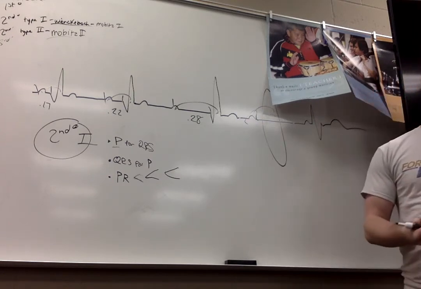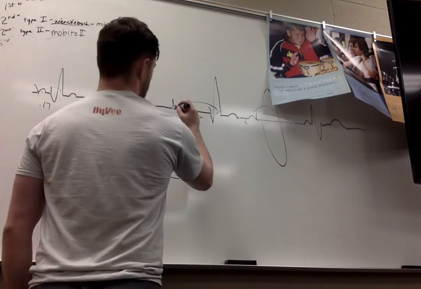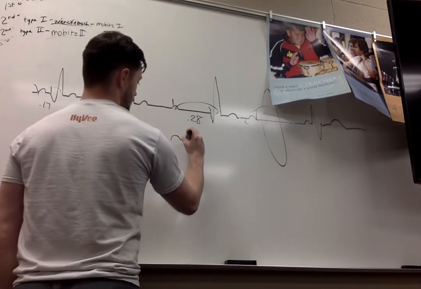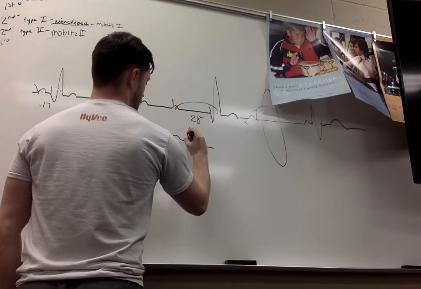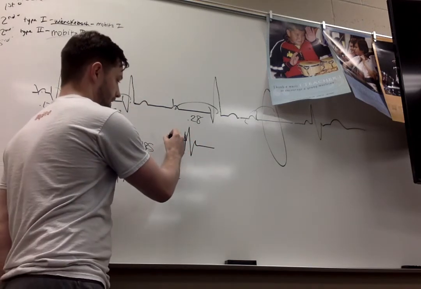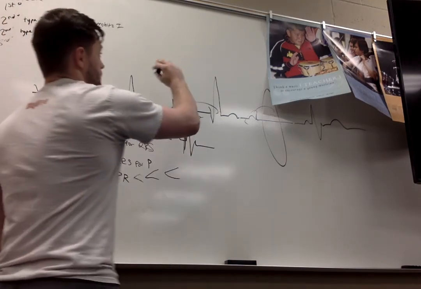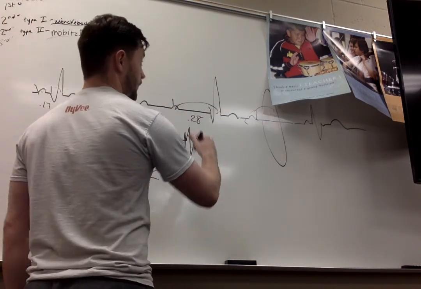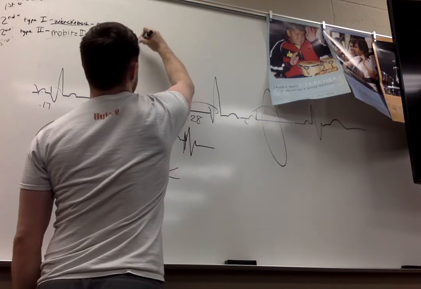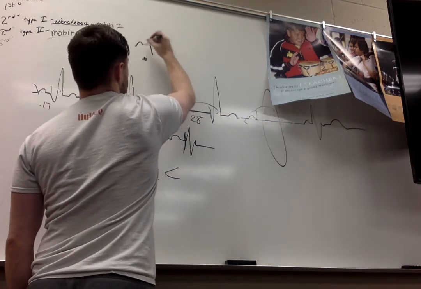I have a question. So when you say PR interval, it's from the start of the P wave, the beginning of the P wave, to the beginning of the QRS. Okay, so the R is the QRS. Yeah. So I didn't go over this because QRS morphology is different, but technically a Q wave is the first downward deflection below the baseline.